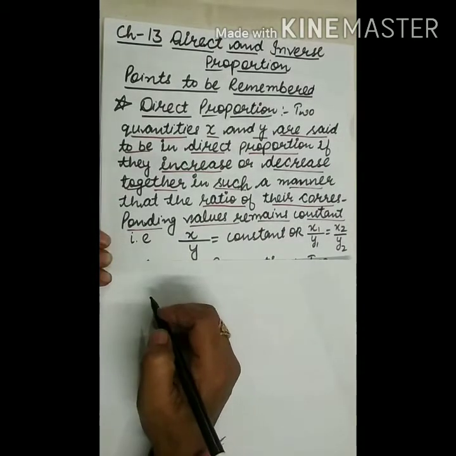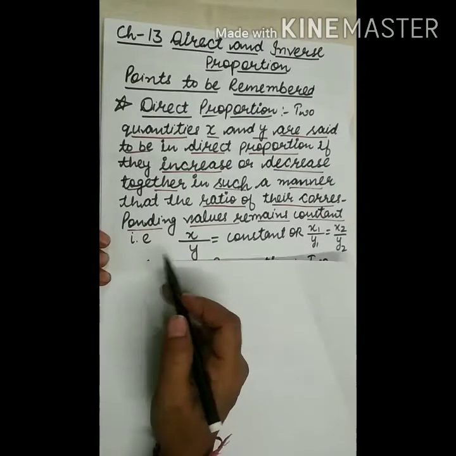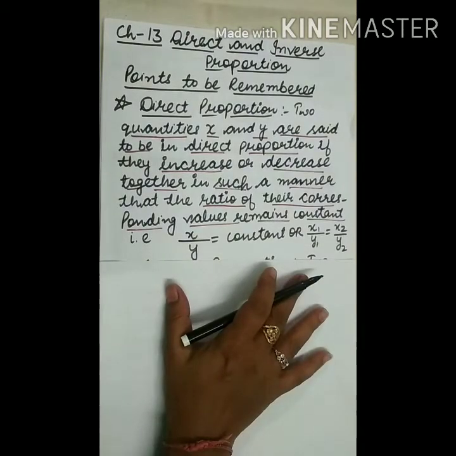Students, suppose we are having any two quantities x and y. If they increase or decrease simultaneously, it means if the value of x increases, then the factor y will also be increased. If the value of x decreases, then the factor y will also be decreased.